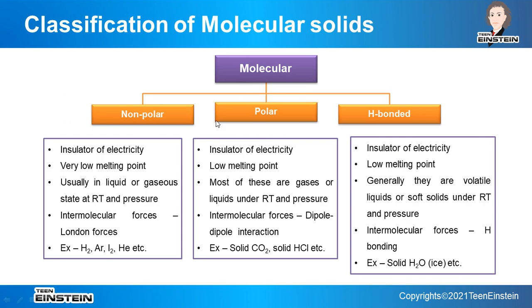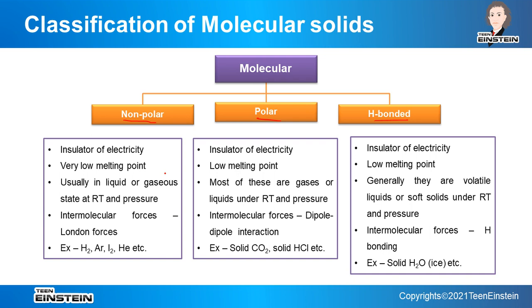Classification of molecular solid. Under molecular solid we have 3 types: non-polar, polar, and hydrogen bonded. We will compare these 3 on the basis of their conducting property, their melting point, and whether they mostly remain in liquid state or gaseous state.